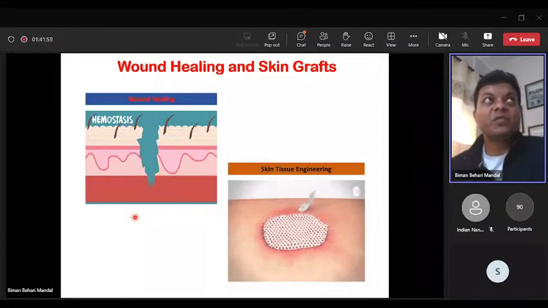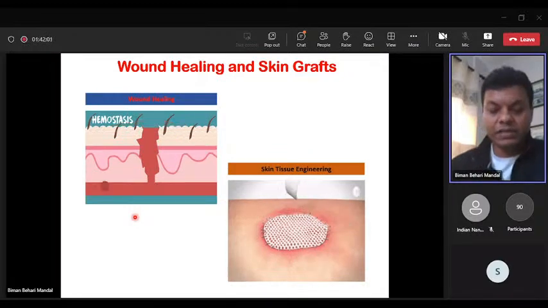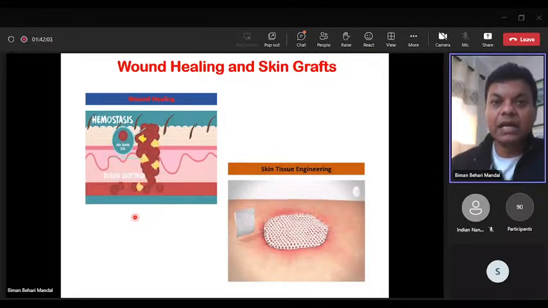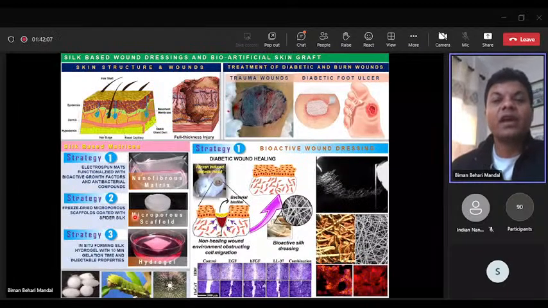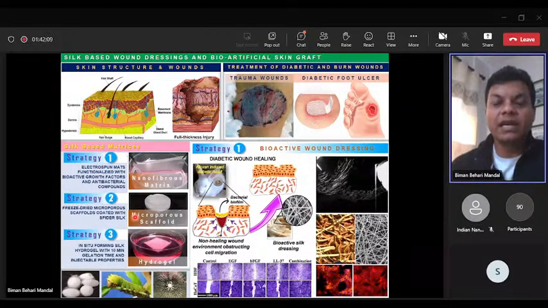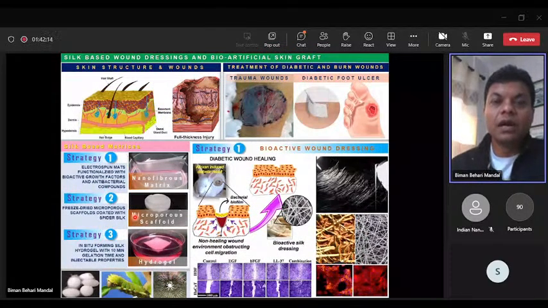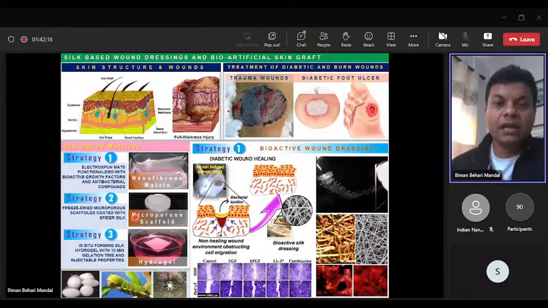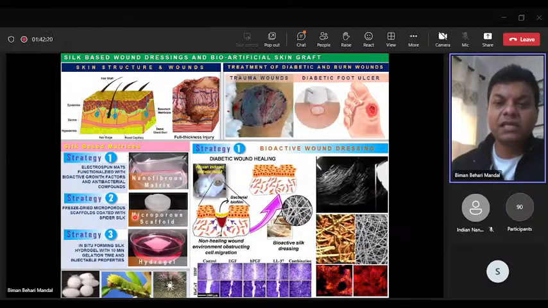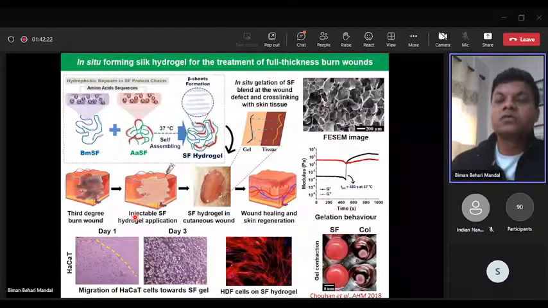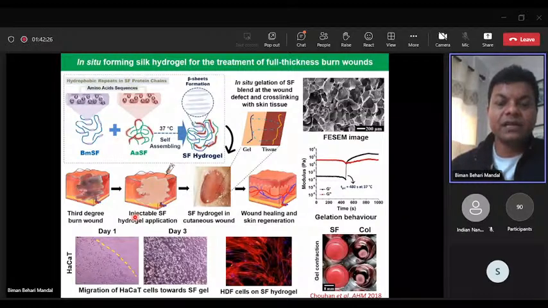The next example I'll quickly take you through is wound healing and skin grafts. We all know that we have skin, and wounds come on the skin, and we are also worried about skin burns, third-degree burn patients, diabetic foot ulcers and so on. What is very unique about the skin is that it heals itself, but that depends on the size of the wound.